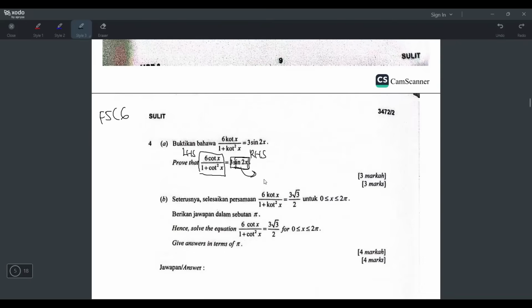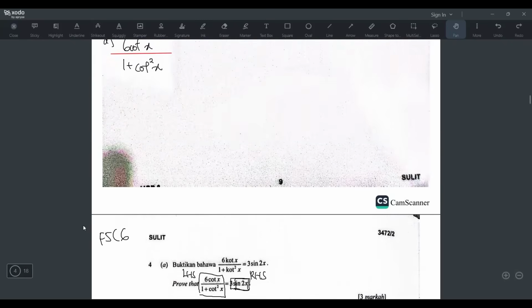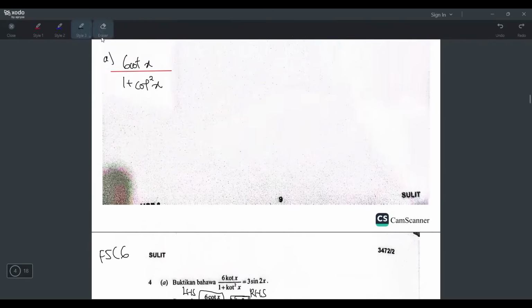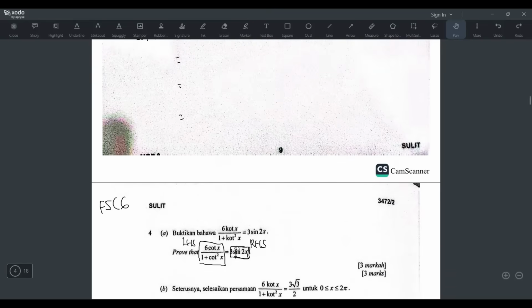Okay, sine 2x can change to 2 sine x cos x, but that's the only thing you can do, right? So I've decided that the left hand side is the more complicated side. So it's better to start from the left hand side. Yeah, it's always better to start from the more complicated side. So I write down here left hand side, and then what I'll do is equal, equal, equal, equal, and I'll try my best to change so that it ends up being same with the right hand side.